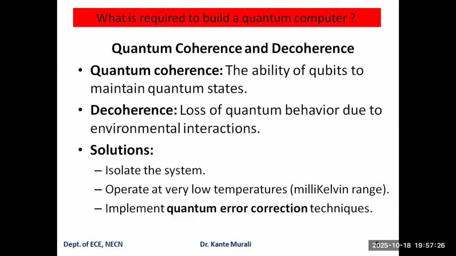To avoid decoherence, we need to isolate the system, cool down the temperature to millikelvin temperatures and use error correction codes. Without coherence, without quantum states, the quantum computer becomes just another classical one. That's why the system should always be maintained coherent, and the environment influence leads to decoherence.